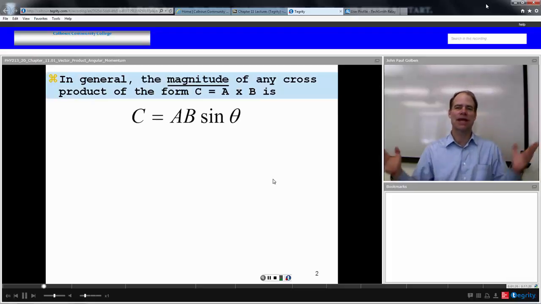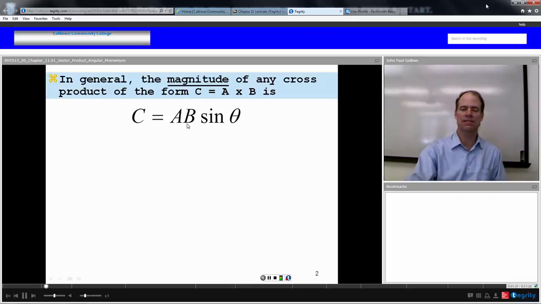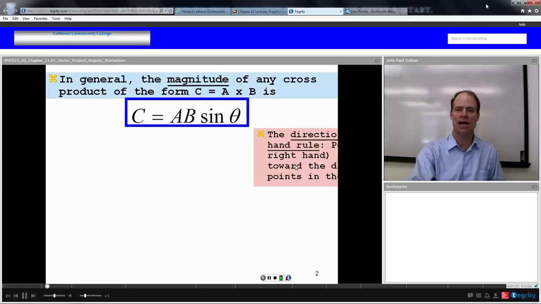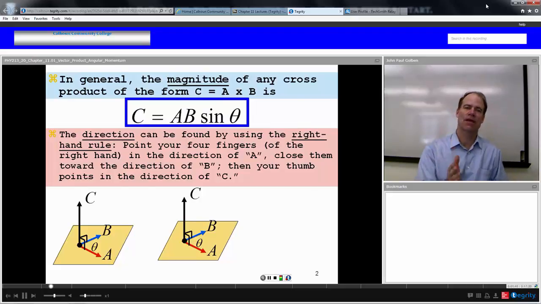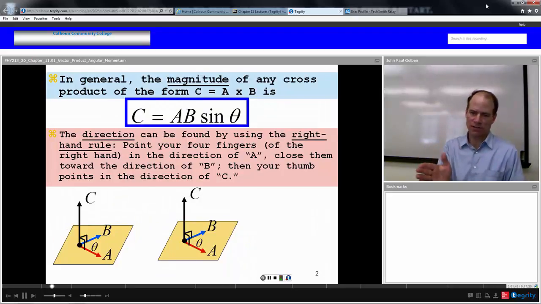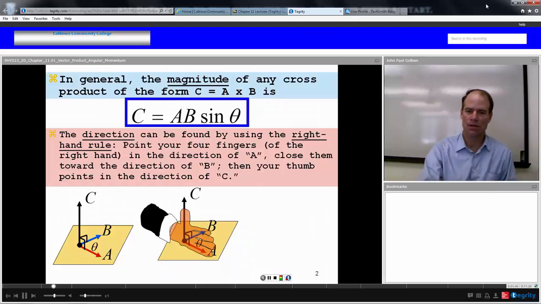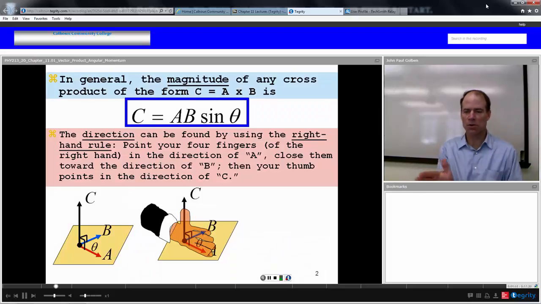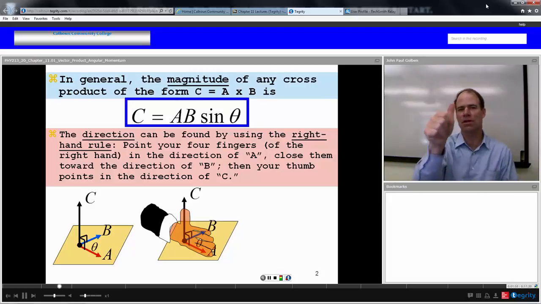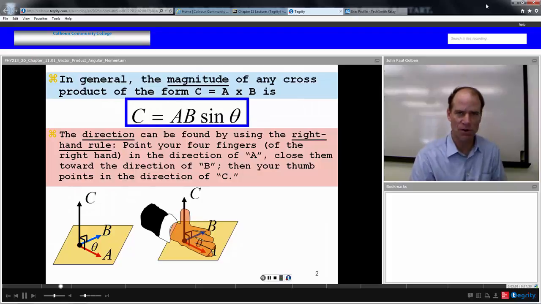So for any two vectors, A cross B is equal to C, and the magnitude of C is equal to A times B times the sine of the angle between the two vectors. To calculate the direction, you would take your right hand and point your fingers in the direction of the first vector, in this case A. Close your hand through the smallest angle possible towards the second vector, B. And then, when you've done that along the plane of those two vectors, your thumb points in the direction of the cross product.